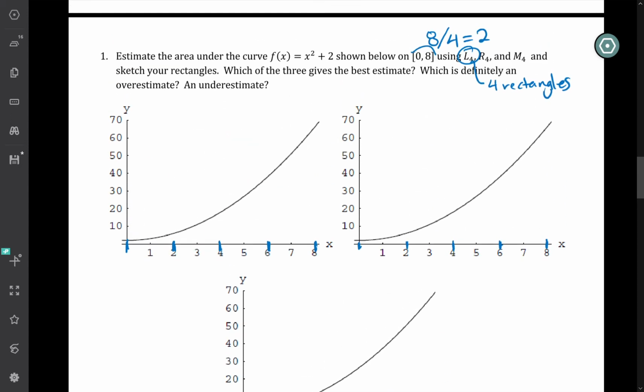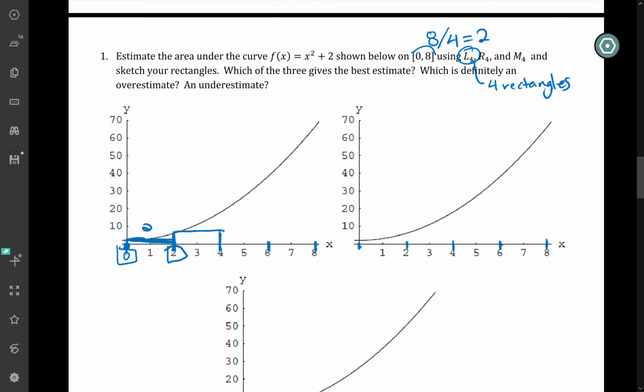Okay, so for left-hand sum, we need to plug in the leftmost point on the base of the rectangle. So for the first one, we're going to plug in 0, and we're going to get this rectangle's height is 2. So nice little flat one for my first rectangle. The second rectangle, we're going to get the height by plugging in 2, again the leftmost point.